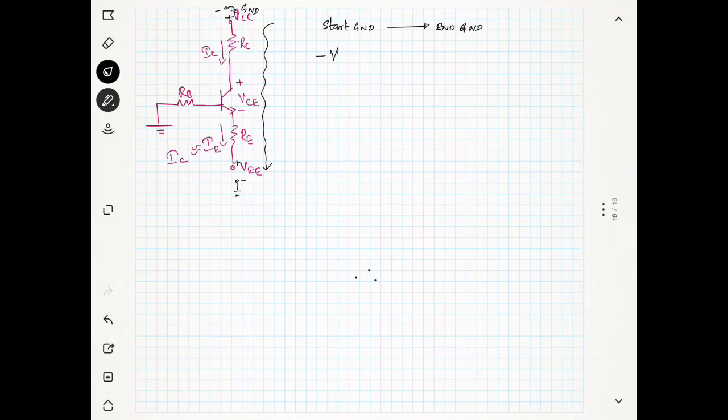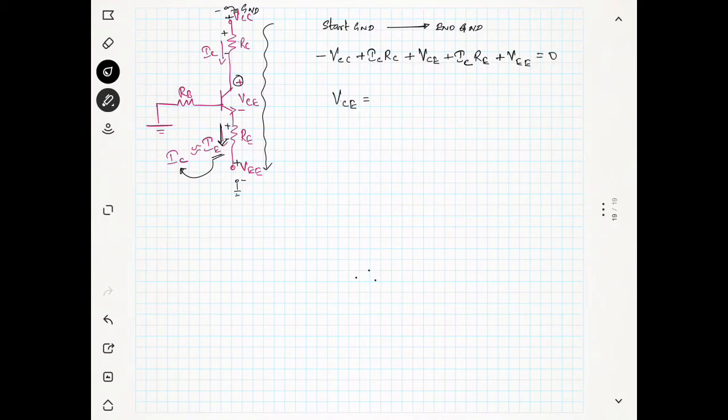At the ground it is minus VCC, then the current is going down, so this is plus and minus at RC. So plus IC RC, then you can see this is plus, so plus VCE, right? Then the current is going down, so plus, instead of IE I will use IC, so IC into RE, right? Then again plus VEE, this is equal to 0. So what is VCE?